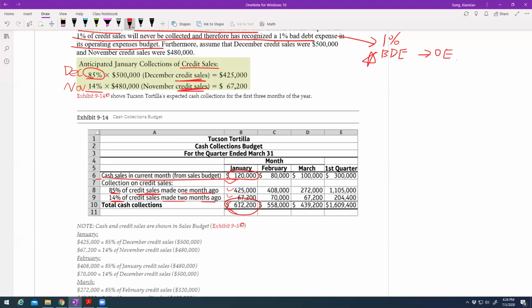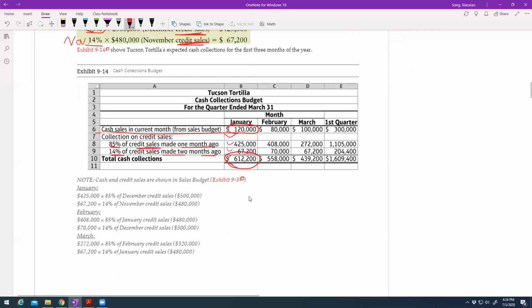So your January, you collected 85% of your December, 14% of your November. February, you will collect 85% of January, and then 14% of your December.